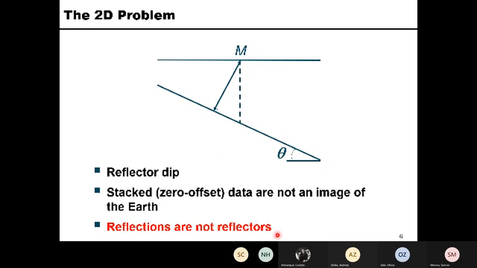Reflectors are model space, geological model, the true physical model, right? But the reflections are the data samples that are in the data space. So migration really means you try to, based on your data space imaging, create a model space image, which means geological image, okay? That's the whole purpose here. The ultimate purpose is to try to image the subsurface structure of the Earth.